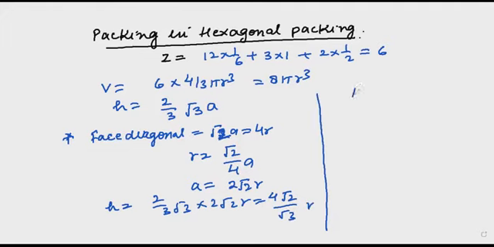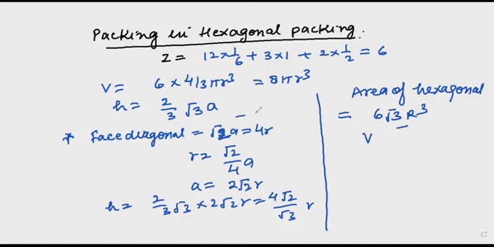Clear? And you must remember that area of hexagonal, when we put the value, is coming as 6r cube. Clear? And put the value of area and height. Then the volume is coming. You multiply it very well, then you find out the value. The value is coming 24 root 2 r cube.